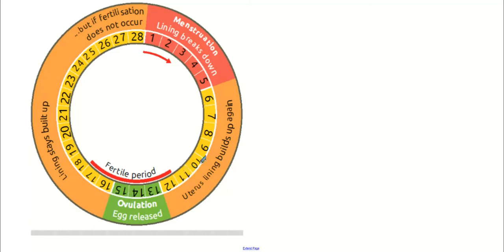Now, the deal is that sperm can last up to 3 days in the female body. So for example, if somebody was to have sex on day 10 and they think that this is okay, this is not the fertile period, the sperm could live long enough to be present in the body on day 13 where the egg is released, and therefore you could conceive a child by having sex relatively close to that period.